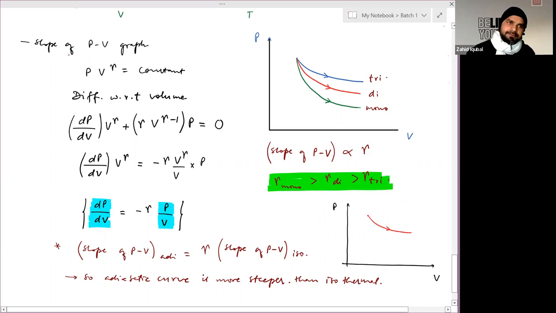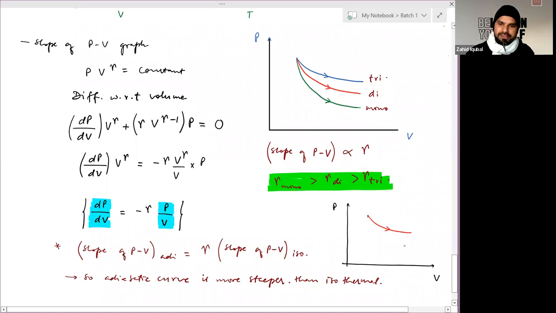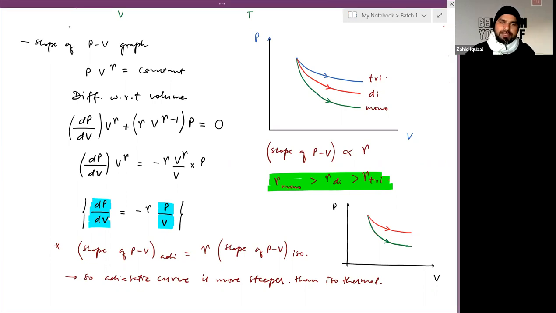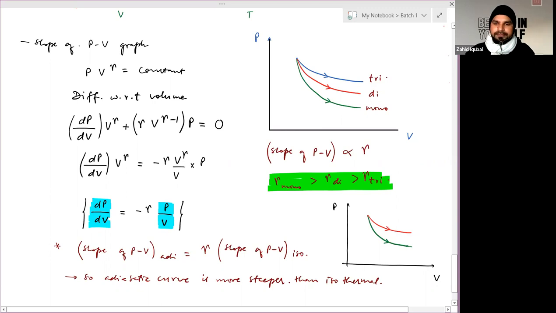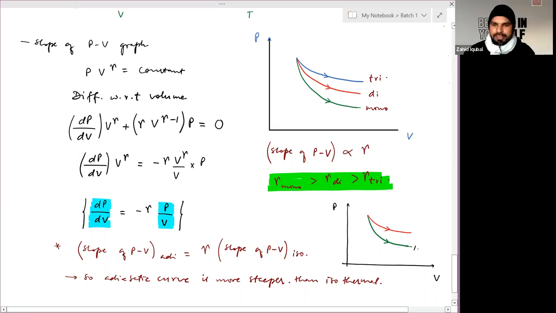First curve is this, and second curve is this. Which is steeper, the red one or the green one? Khalid? Sir, the green one. Good. So green will be for adiabatic and the red one will be for isothermal. So we can compare isothermal and adiabatic, as well as monatomic, diatomic, triatomic, according to this relation.